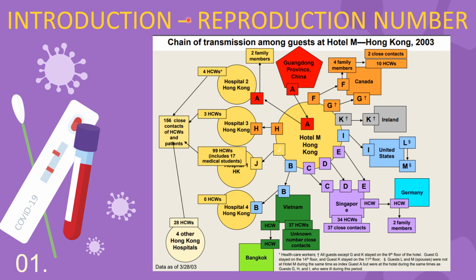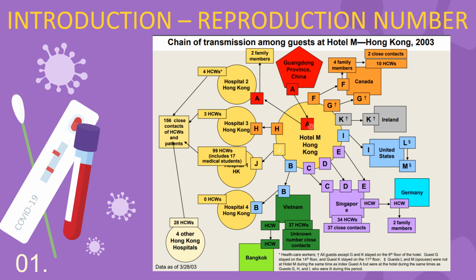Let's take for example the transmission of SARS from China to Hong Kong in 2003, which affected several countries. It started with a person from China infected with SARS who went to Hong Kong, checked into a hotel, and exposed other people there.